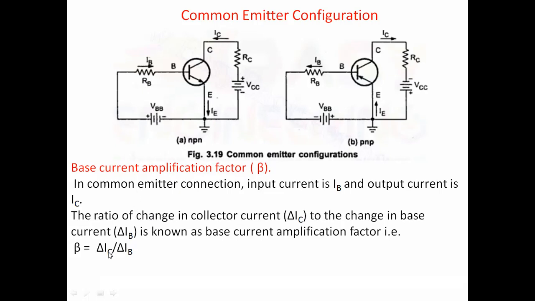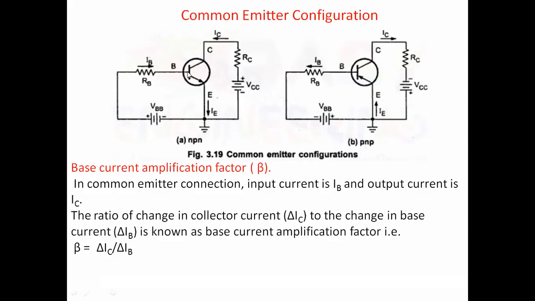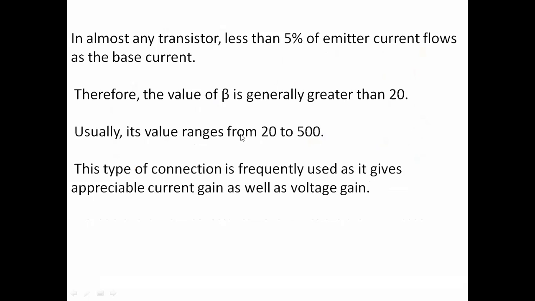So delta IC by delta IB. Next, in this case, the IB current is very small when compared to IE. It is around 5% only of the emitter current.